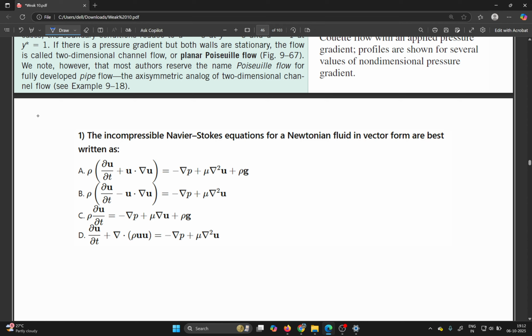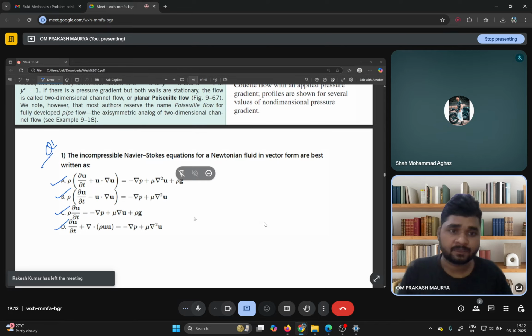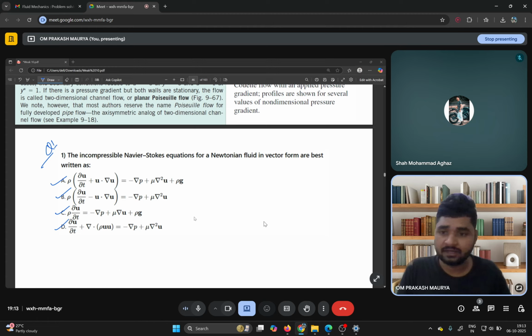So the first question from today's class: the incompressible Navier-Stokes equation for a Newtonian fluid in vector form is best written as. So you have four options, A, B, C, D. Please just try to write your answer in the chat box. I am waiting. Please think on that and try to write your answer in the chat box.